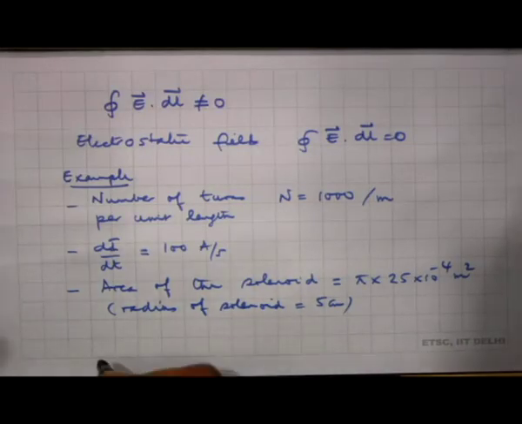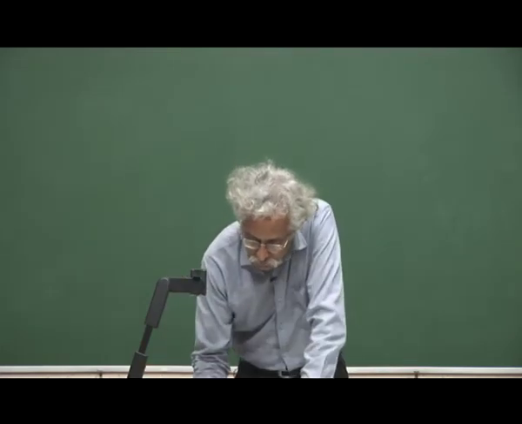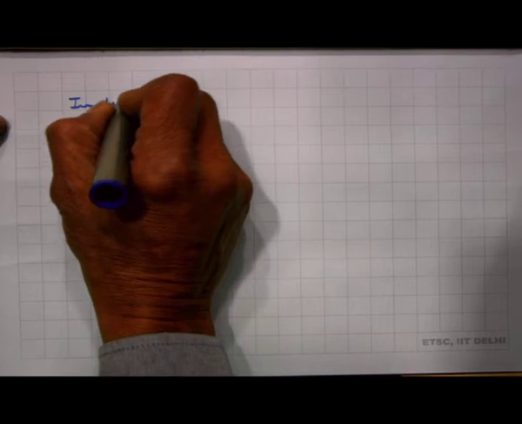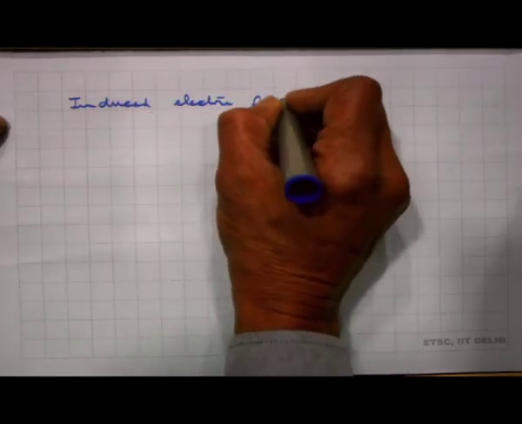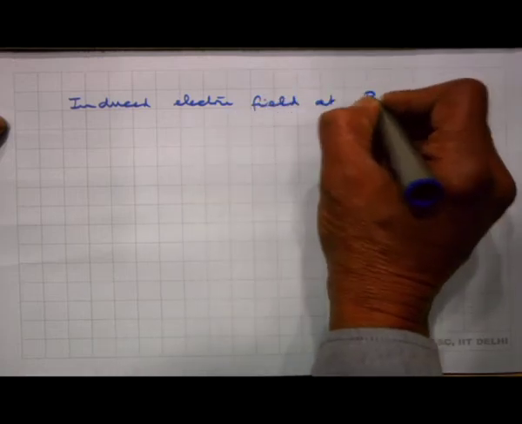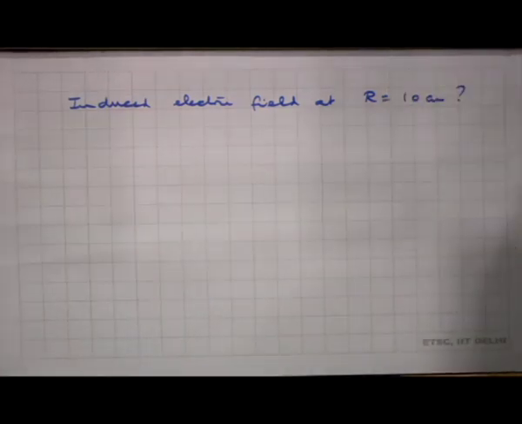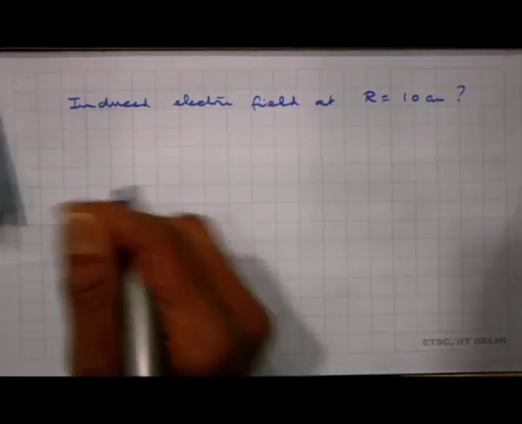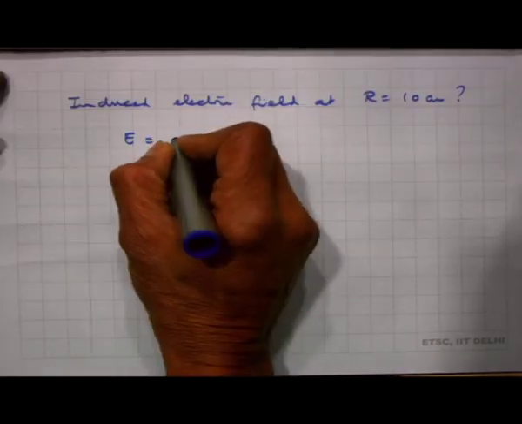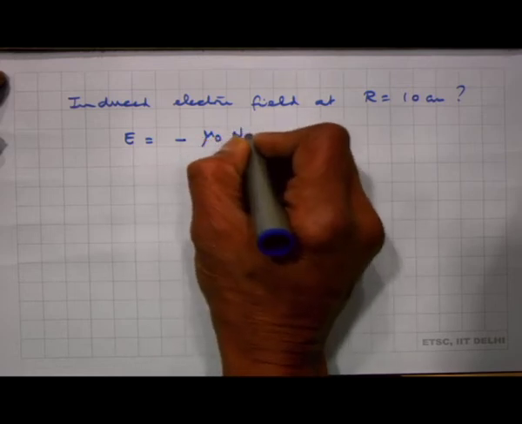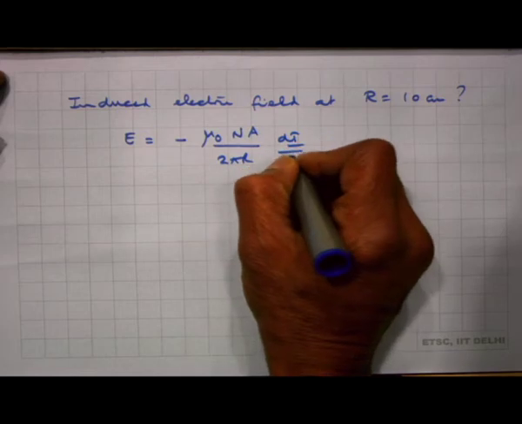So, I want to calculate what is the induced electric field at r equal to 10 centimeters. So, I want to use this equation which we have derived. This is the equation. So, let me rewrite it again here. So, E is equal to minus mu naught n times A by 2 pi r dI by dt.